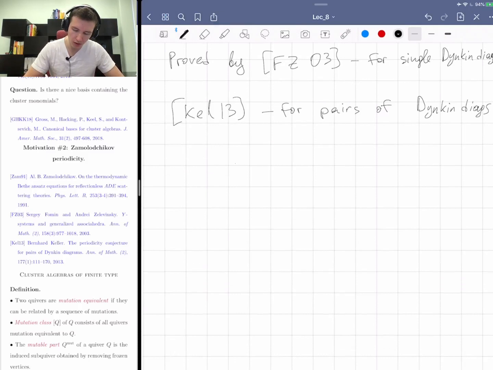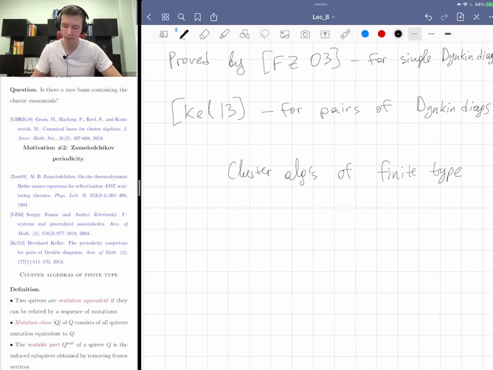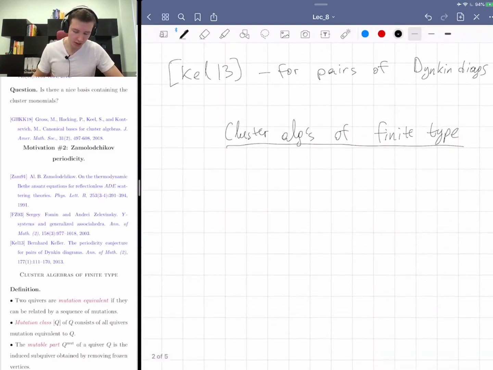So, cluster algebras of finite type. What is a cluster algebra of finite type? It turns out there are two different notions.